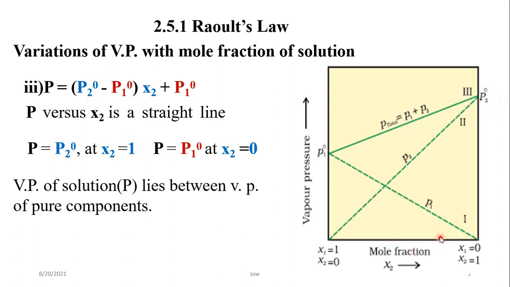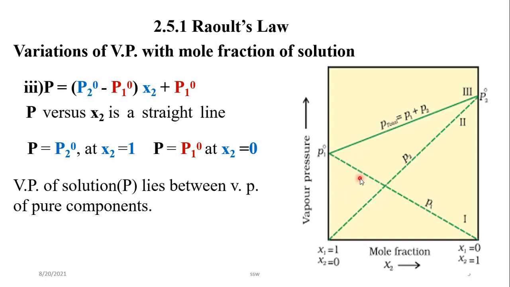So using this graphical representation, you can find out the composition of the solution. That is, you can find out the mole fractions at a particular pressure, or the vapor pressure of the solution.